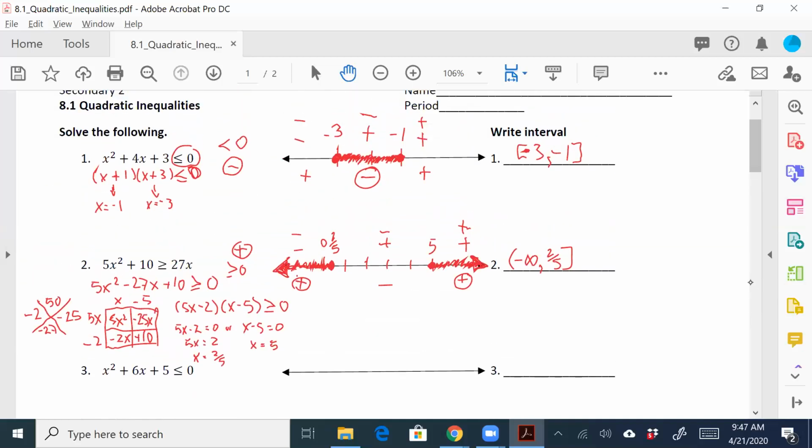And then because we're going to have two intervals, we use a union to join those two intervals. And then 5 with a bracket, and it goes off to positive infinity, again with a parenthesis.